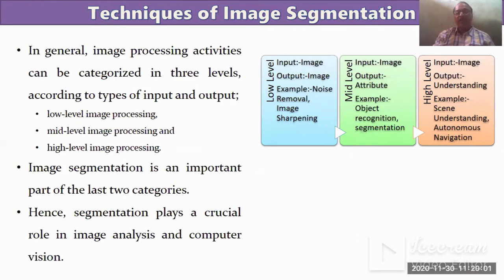See, in low level image processing, आतापर्यंत जे आपण पार्ट बघितला, जो इमेज एनहान्समेंट असेल किंवा इमेज शार्पनिंग, इमेज स्मूथिंग किंवा नॉइज रिमूव्हल, so those are low level image processing. So in low level, input is image and output is image; we can provide the input as an image, do different manipulations on that image, and the output is also in the form of an image. So that is low level image processing.